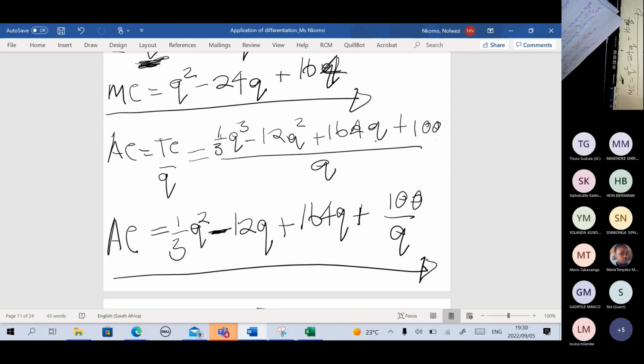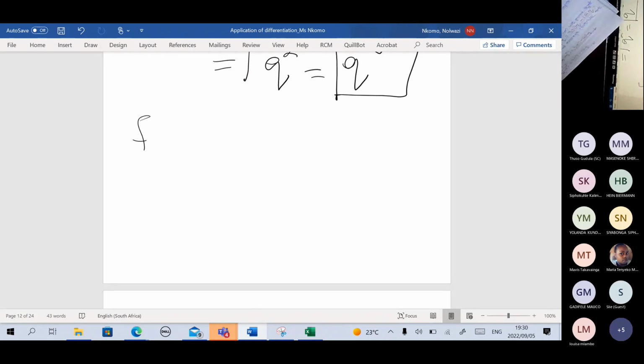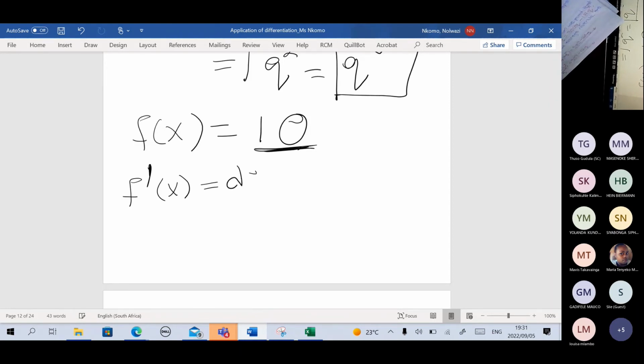Let's say you are given that f of x is equal to 10. 10 is a constant, right? And we are asked to find the derivative of f with respect to x. Your f is a constant, and we said the derivative of a constant is 0.